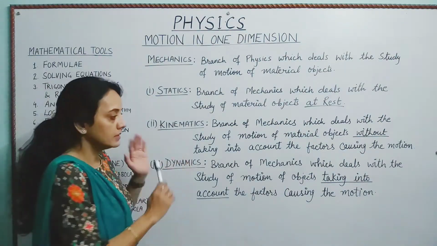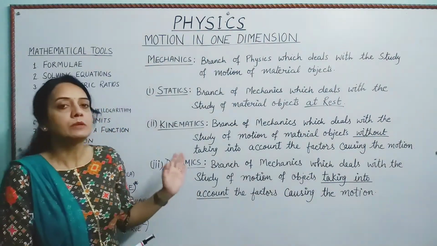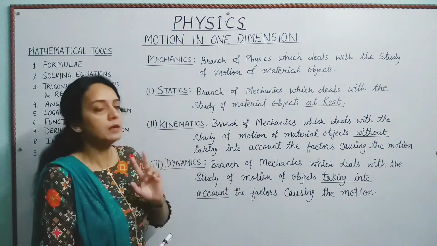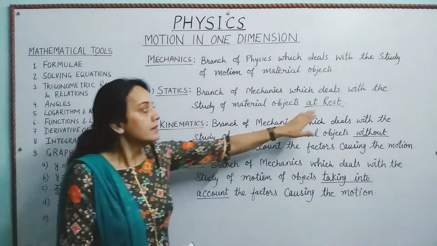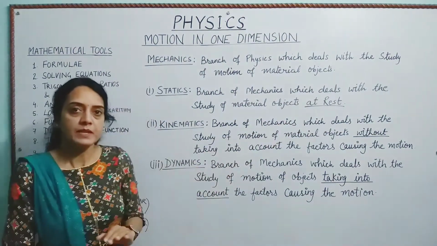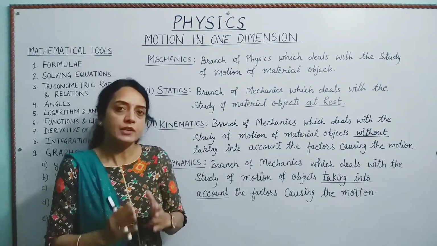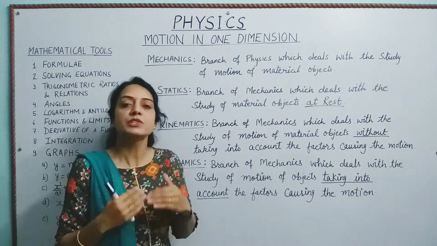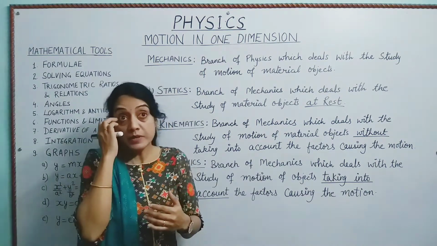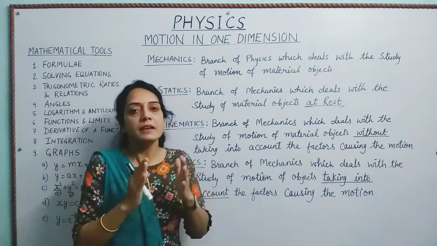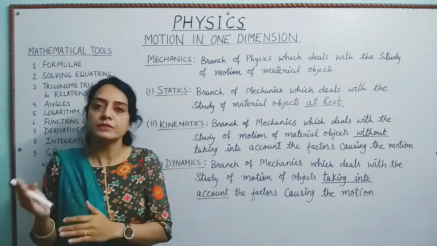When we talk about objects in motion, two words come a lot of times: rest and motion. Rest and motion, these two words are actually relative. A person can be at rest in some situation and in motion in another situation.